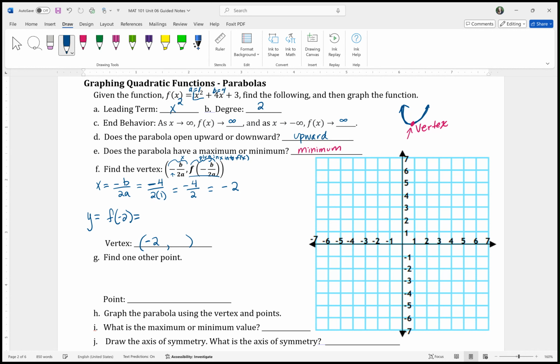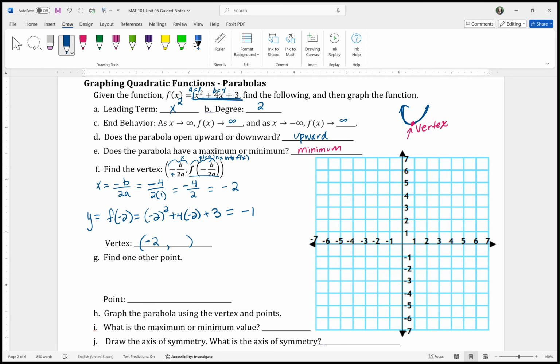This means plug negative 2 in. So we're going to do that. We're plugging it into f of x. So this will be negative 2 squared plus 4 times negative 2 plus 3. And what will that give us? That's going to be 4 minus 8 plus 3, which is negative 1. Y'all double check it in your calculators.